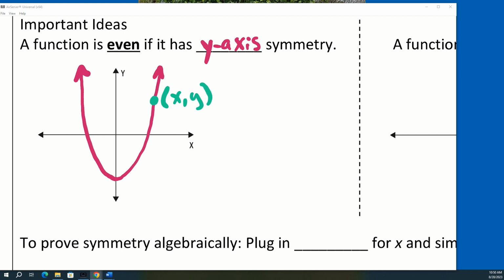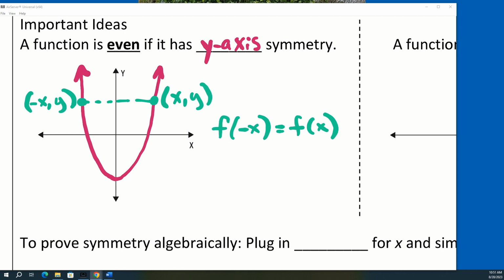If this is an even function or has y-axis symmetry, and that point was xy, what should this point be over here? Negative x, y, good. All right, and then let's go ahead and rewrite that. F of -x equals f of x for y-axis symmetry and for even functions.